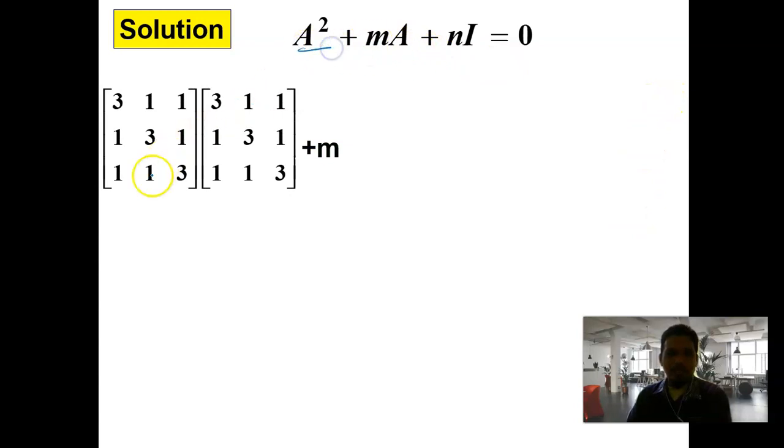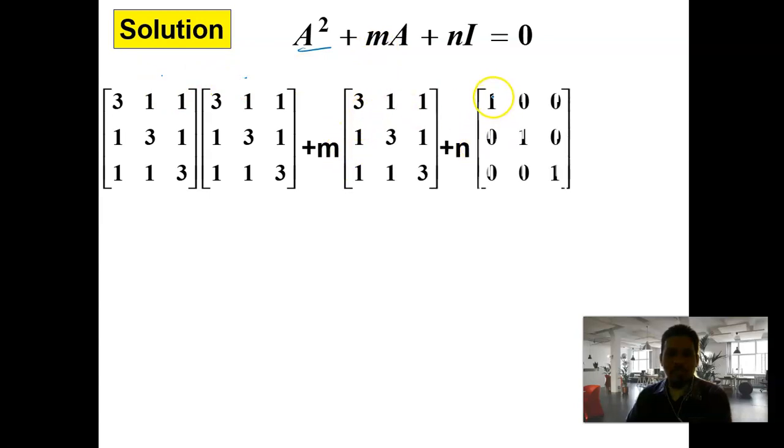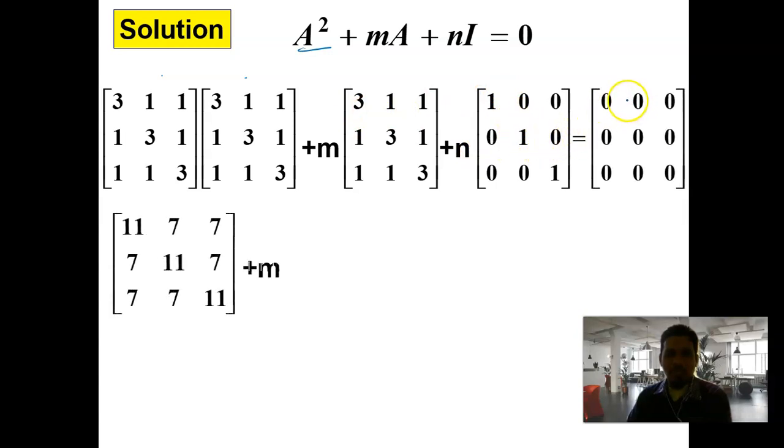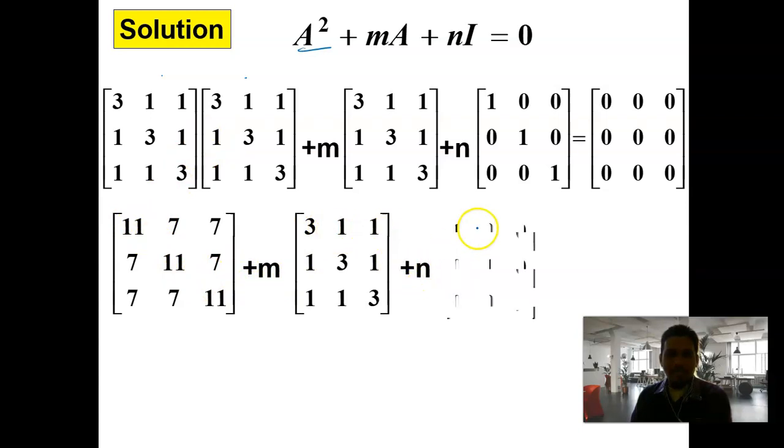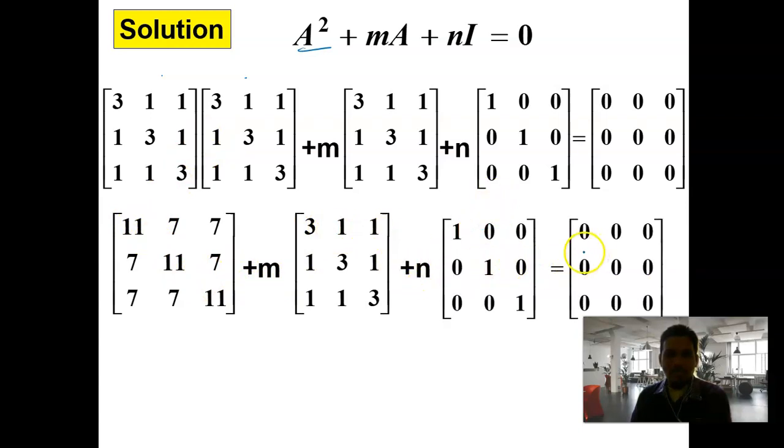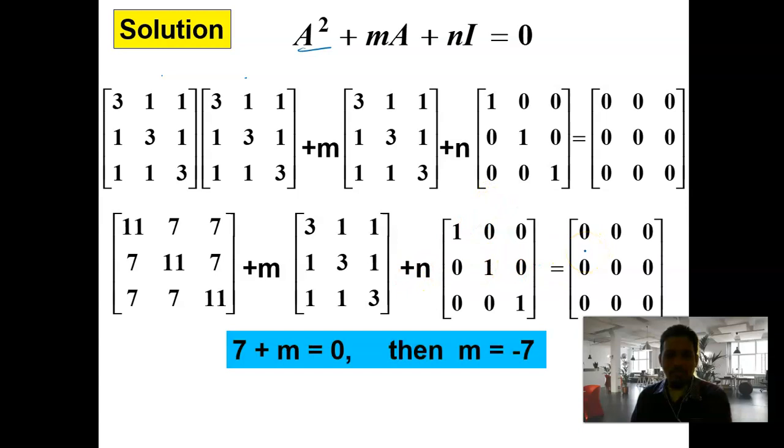A squared, A and A, plus the scalar M with A, plus N with the identity, equals the zero matrix. Okay, so you should show this one by one. You should get this one here, plus this, and N with the identity equals 0s.